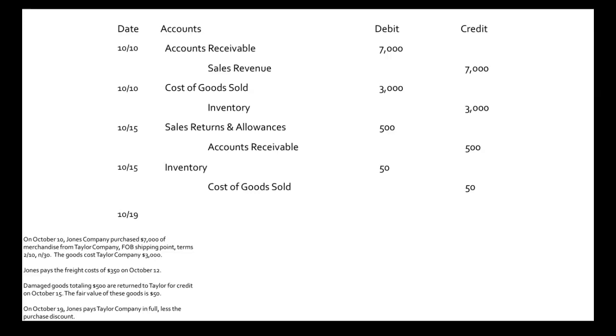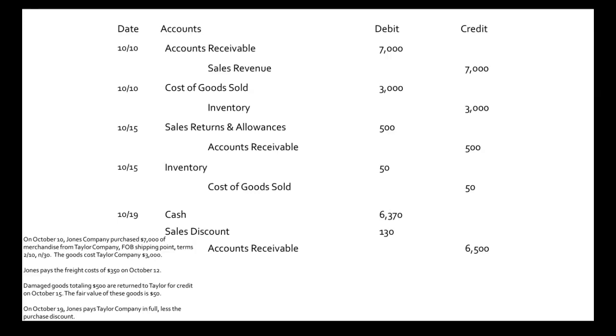Now the 19th rolls around, and Jones is paying us in full less the discount. So what do we need to do first? Well, we show that we got the cash, we record the discount, and we show that they don't owe us money anymore.